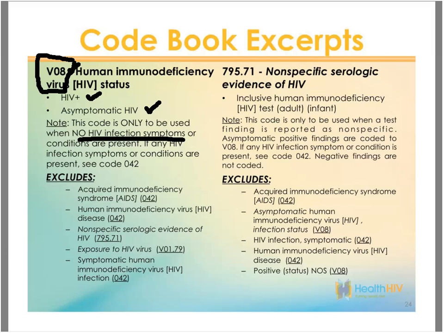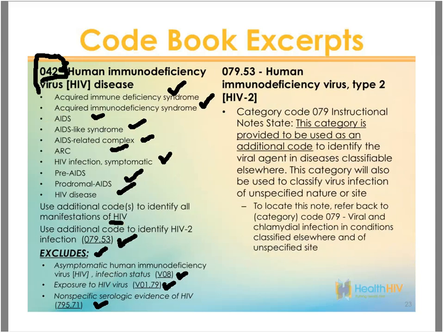Now if the documentation states that there are symptoms or the patient has some other pre-existing infections that are a manifestation of AIDS, then the coder is going to pick up 042.